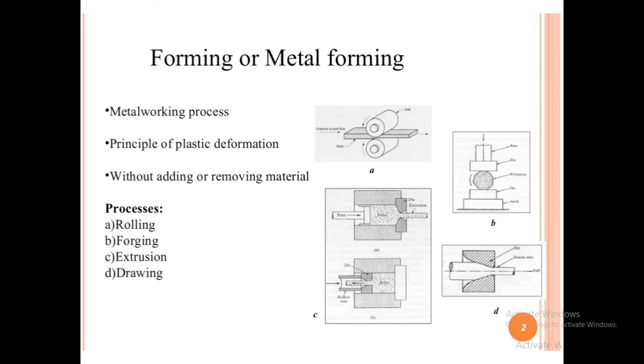So this process is called the forging process, in which we apply force on the punch, and due to this applied force the size and shape of the metal change and we get the desired output.